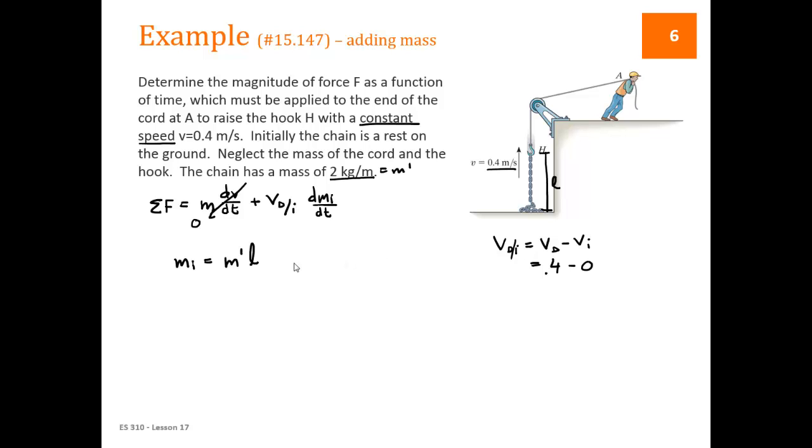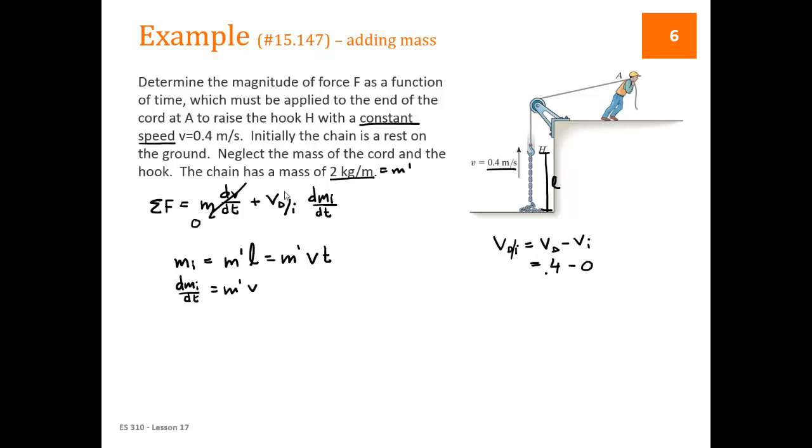That length L is changing with v, so L is the velocity times the time. So m_i is a function of time, and dm_i/dt is simply the derivative, which gives us m prime times v. We know m prime, we know v, so that's a known value. We now have the right-hand side of this equation.